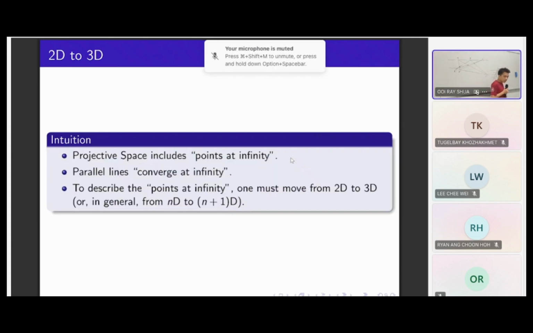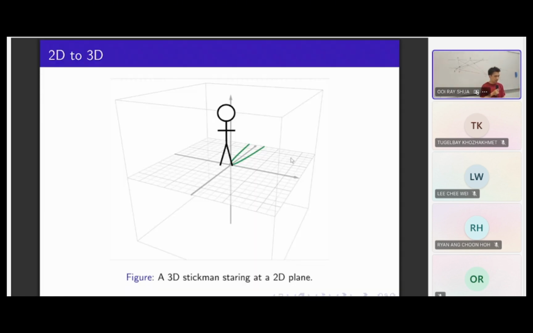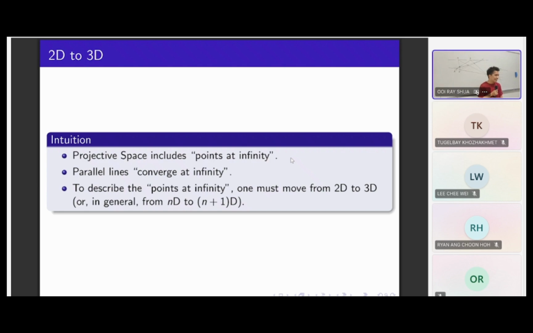let me just summarize the intuition of what we have now. This space that contains infinity, we call it the projective space. Hopefully the name is quite motivated, because we are kind of above and then we are projecting. So this space somehow contains points at infinity.